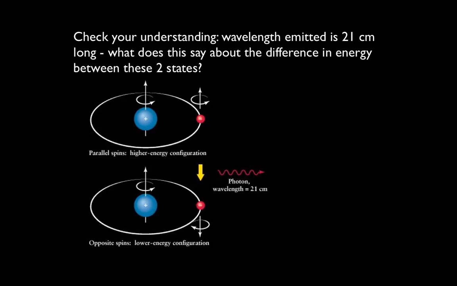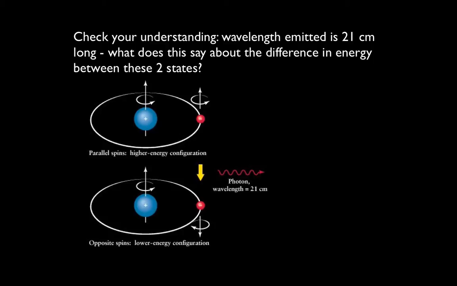So 21 centimeters is a very, very long wavelength. The distance from wavefront, from peak to peak, is about the distance between your thumb and your pinky outstretched. So that's a really long wavelength.